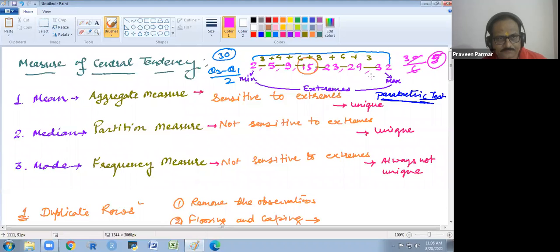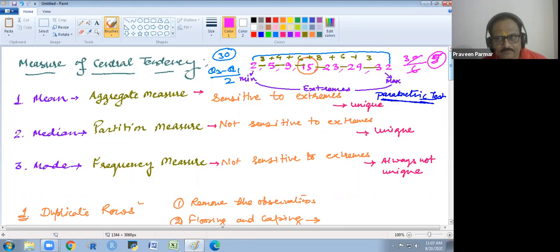Understand? The average scatterness of this data is 5. I am not taking the deviation from any central tendency. I am just talking about the average scatterness of the data. Understand? The difference is from your mean absolute deviation, basically.